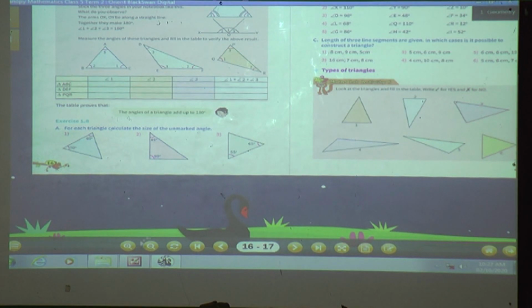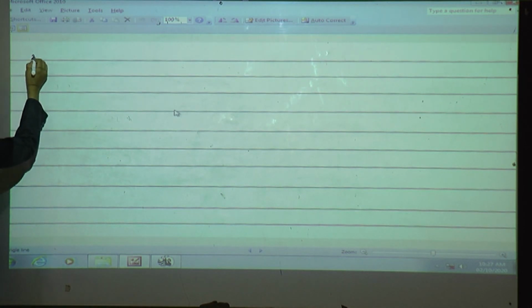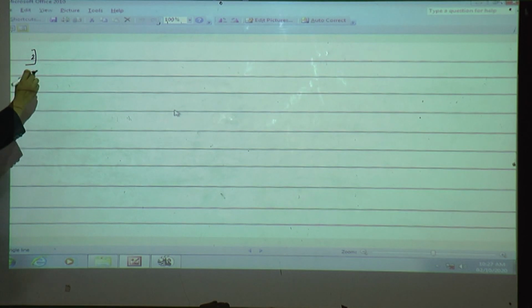In our previous class, I told you how to measure an unmarked angle. See, they have given us two measures of two angles.